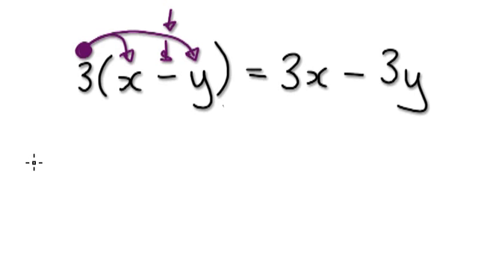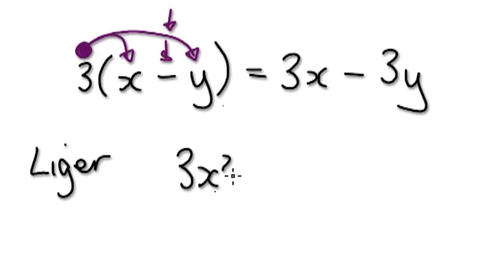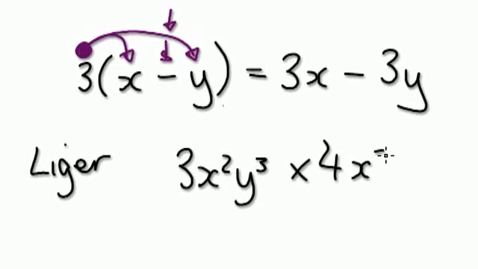Watch one of the earlier videos on indices. For example, if you have something like 3x squared y to the power 3 times 4x to the power of 4 y to the power of 6, say. Watch this video again if you don't remember it.